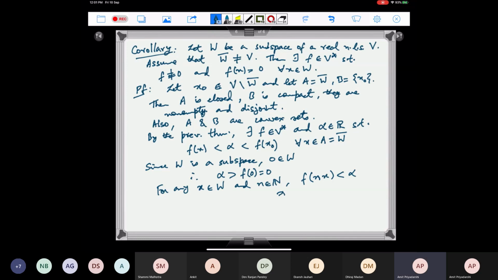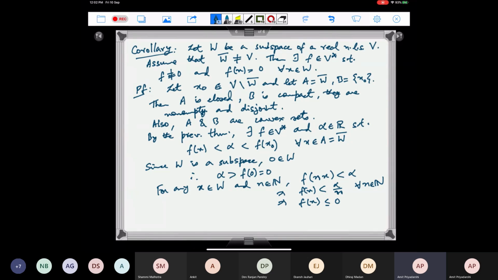This will imply f(x) is less than alpha by n. This is true for every n in N. So this will imply that f(x) has to be less than or equal to 0, because alpha by n goes to 0.